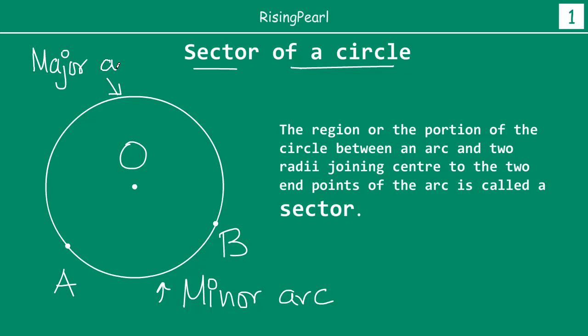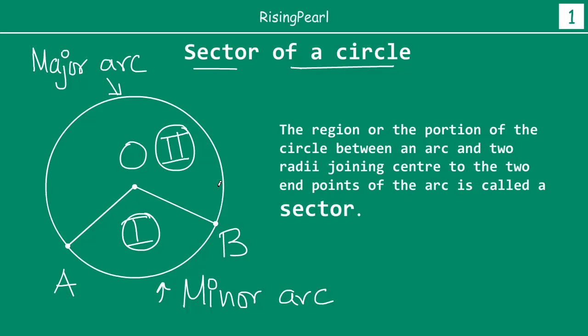Now, if we join OA and OB, that means if we draw OA and OB, then what we see is that the whole circle is basically divided into 2 parts. So one is this part and the other one is this part, right?